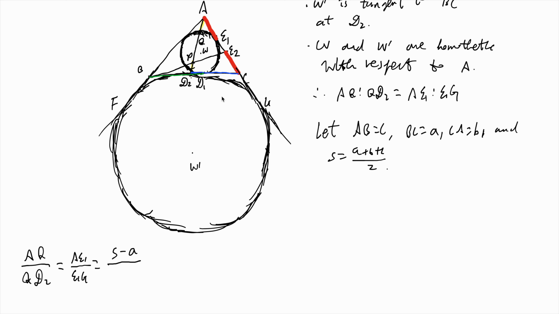We know that CG is equal to, wait, let me just quickly write that for clarity, because we're going to use this a lot here. I don't like how I wrote it.